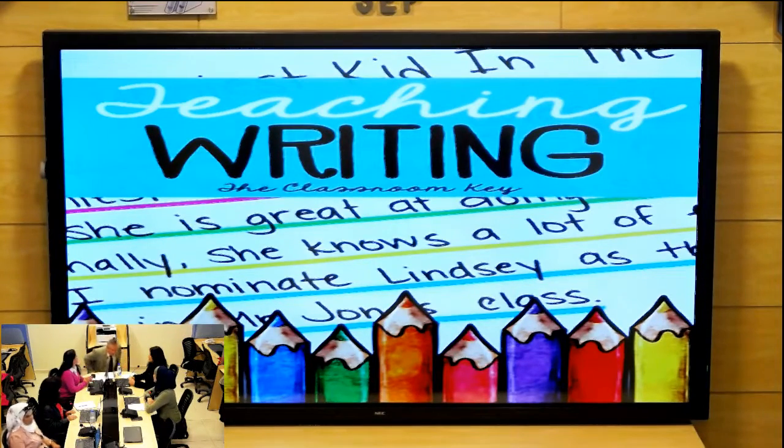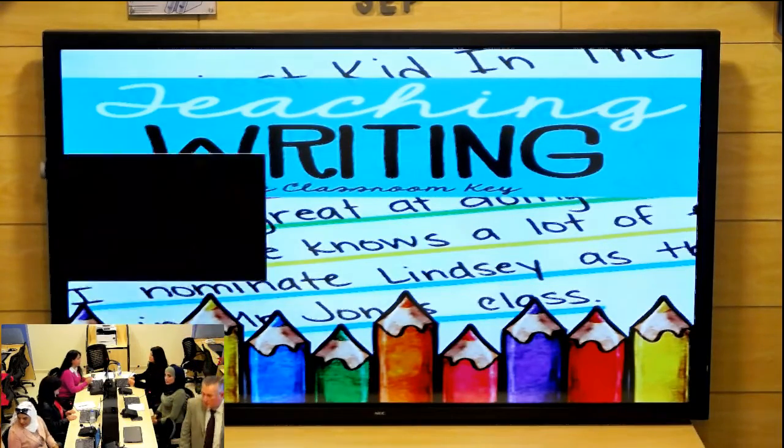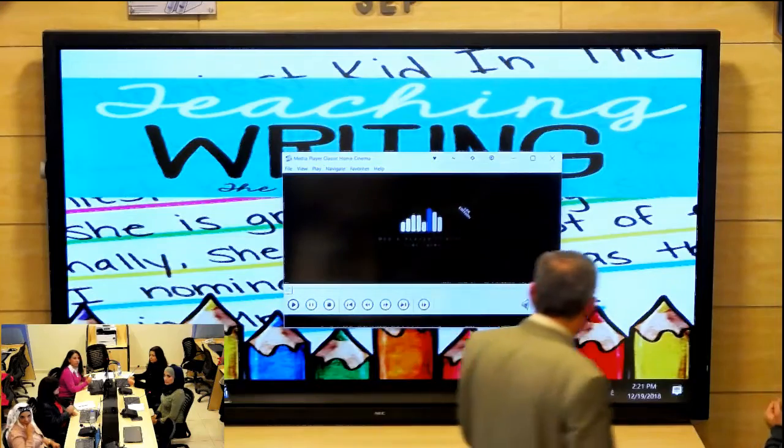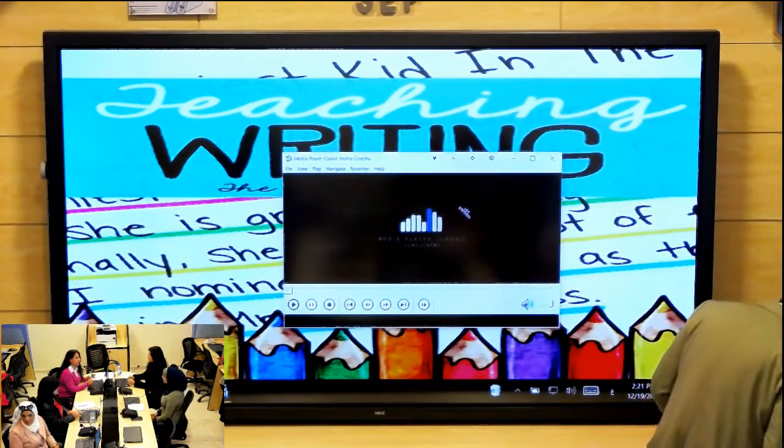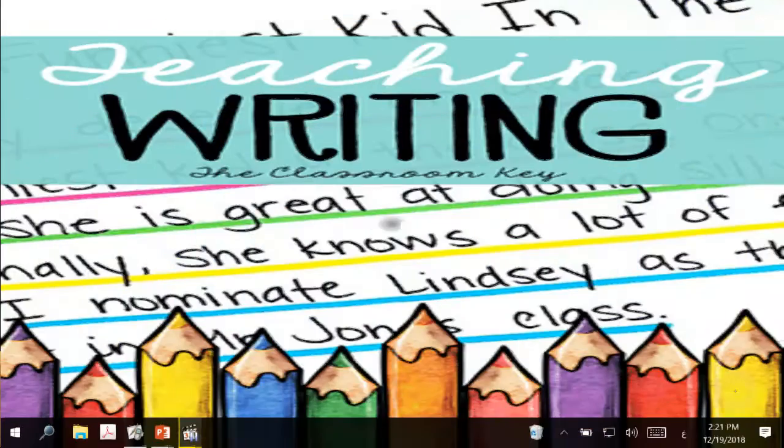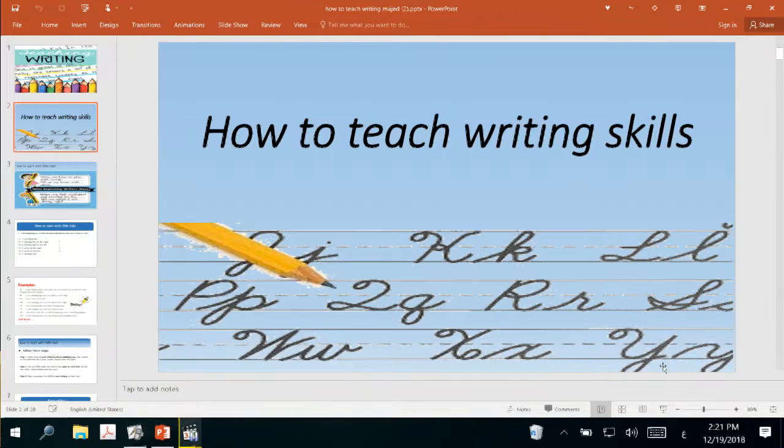Okay, so the first step is to let children watch you writing words, write down the words, and the students watching you writing the words. After that, you can draw with spots, or we can have a faint line for the students to follow the lines.